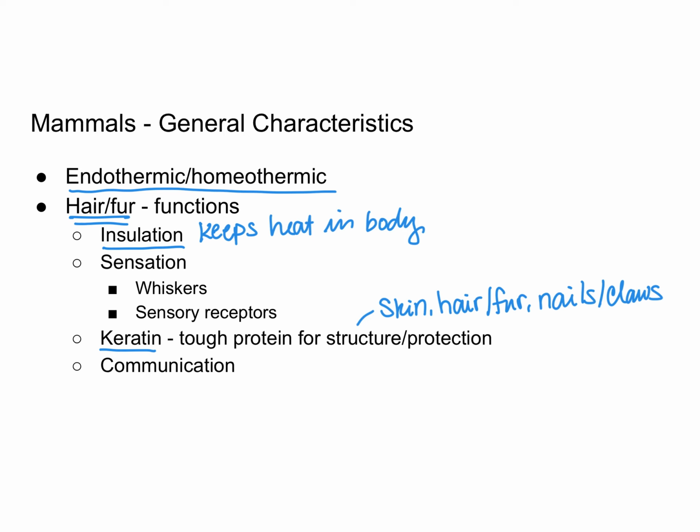If you think about a cat that is scared and the hair stands up on its back, that's communicating to a threat that the cat is not happy and might attack. In ancestral humans, before we really had the power of speech, the growth of hair was associated with puberty, and so it was a way to communicate that a person had reached sexual maturity.